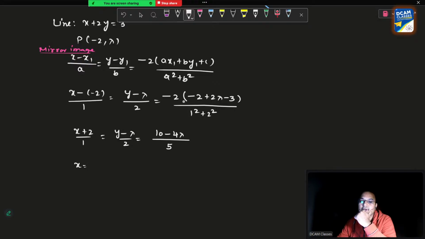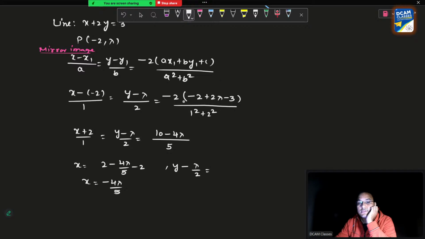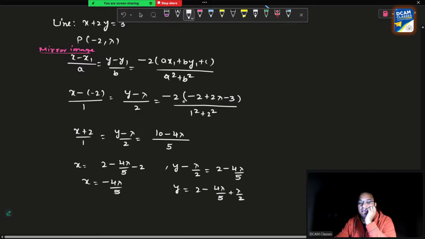So x you will get is 2 minus 4 lambda by 5 minus 2, so x will be minus 4 lambda by 5. What will be y? (y minus lambda) by 2 is equal to 2 minus 4 lambda by 5. So y will be equal to 2 minus 4 lambda by 5 plus lambda by 2. Simplify it.